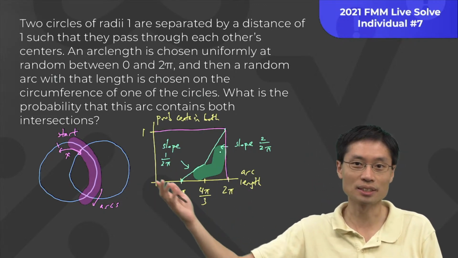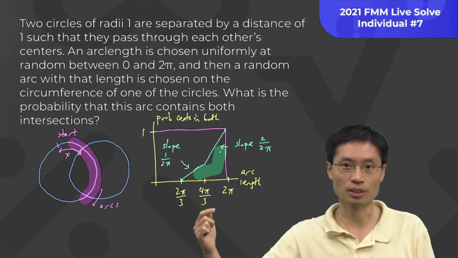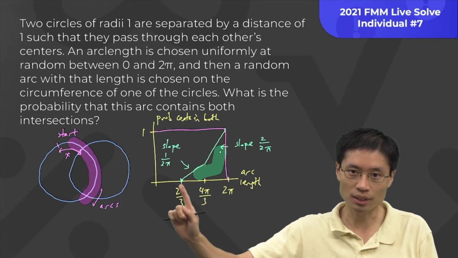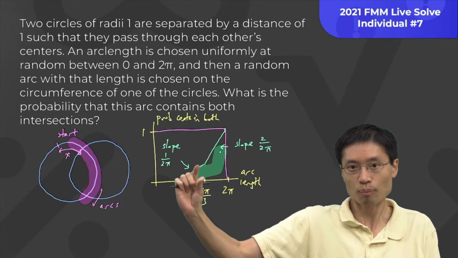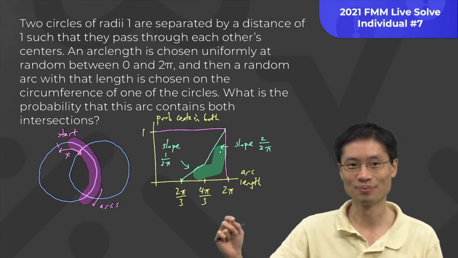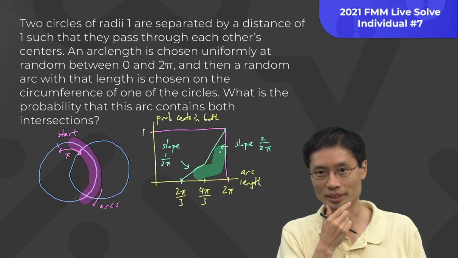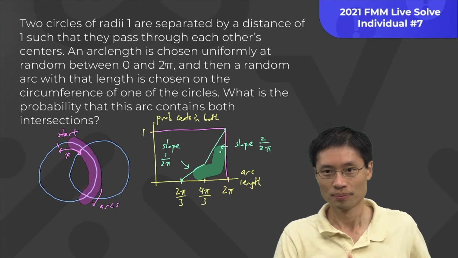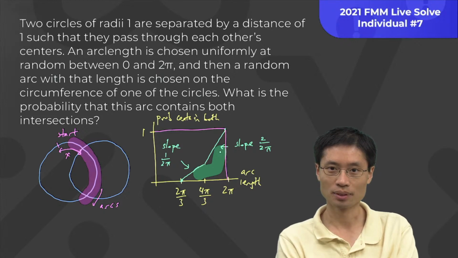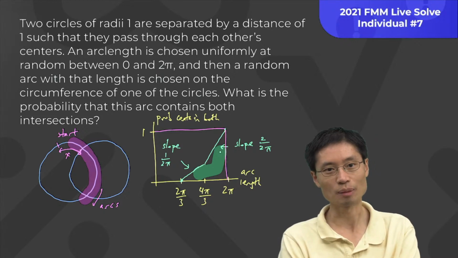The reason is because it goes all the way up to 1. What this is saying is that for each particular arc length choice, this is how much of that probability I should be able to eat. Okay? So in that case, let's see. What is this? Well, I guess we got some triangles to add up. A triangle and a trapezoid.